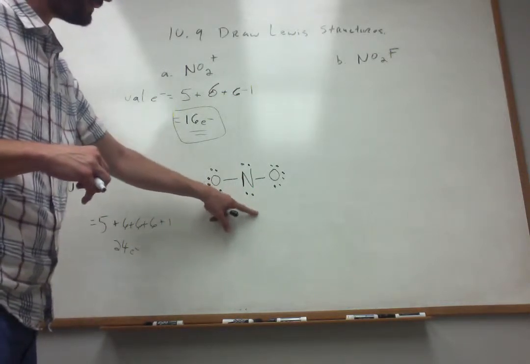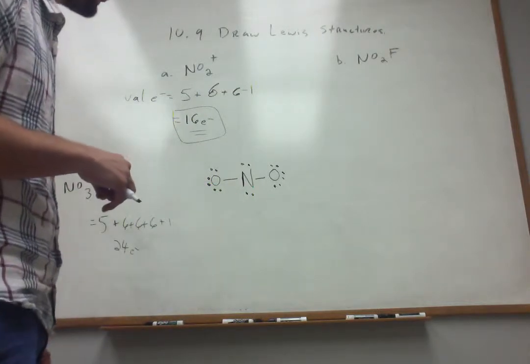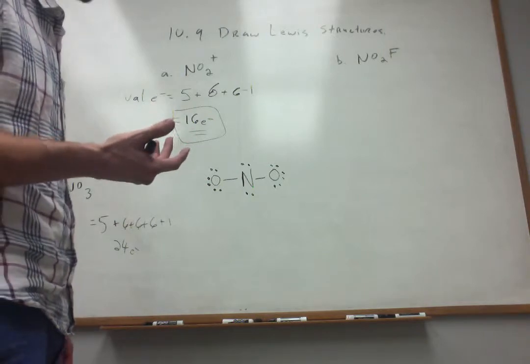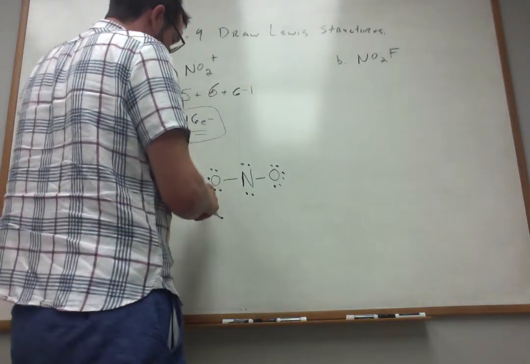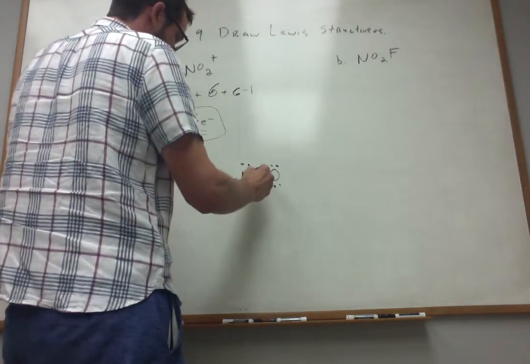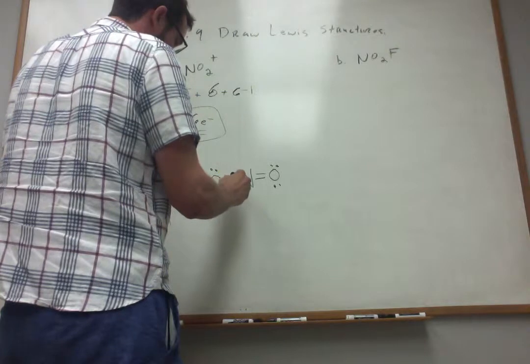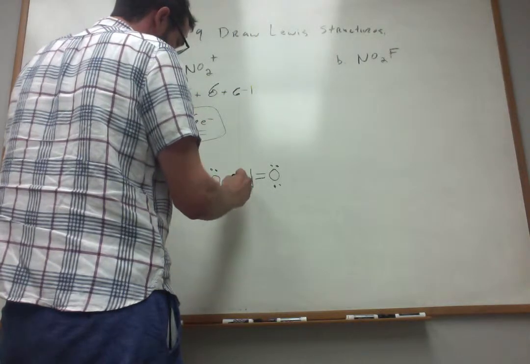Now, if I have fewer electrons than what I've used in my structure, that basically means that I need to share more. So, for instance, maybe I take a couple lone pairs and I make some extra bonds.